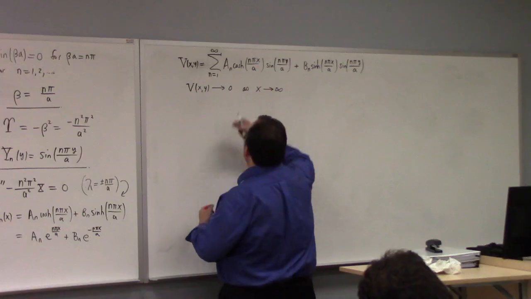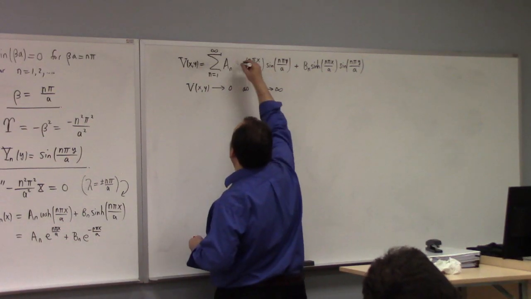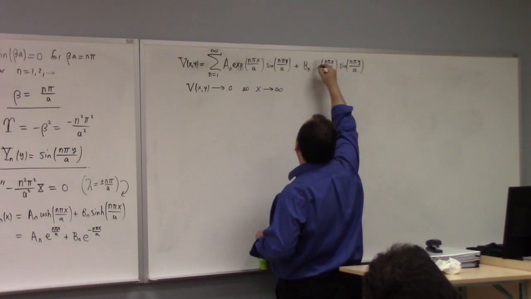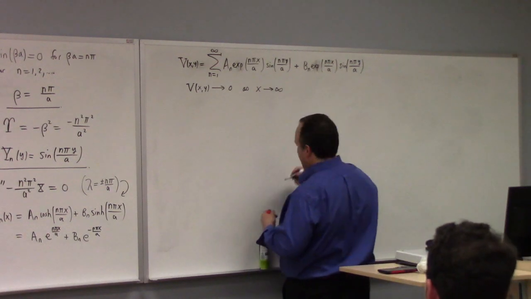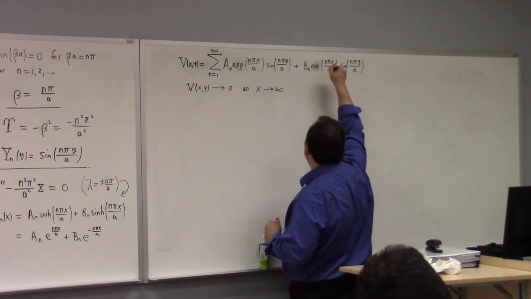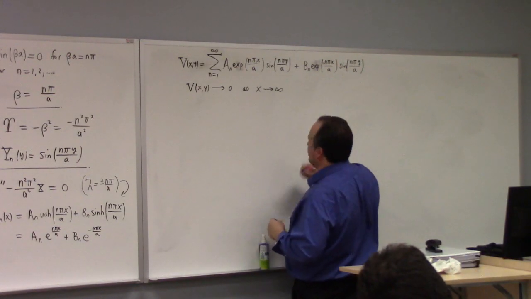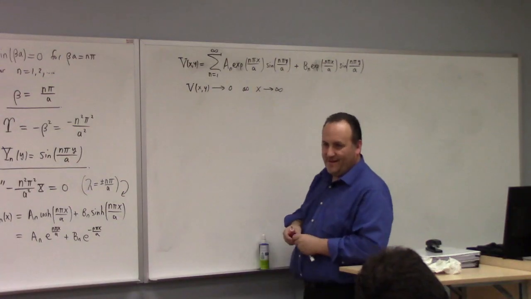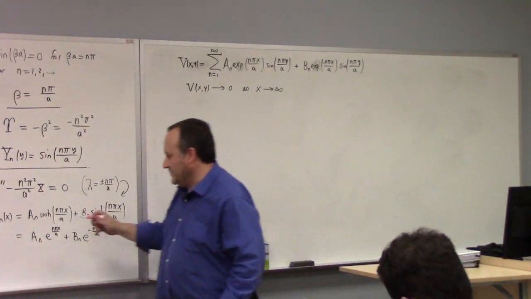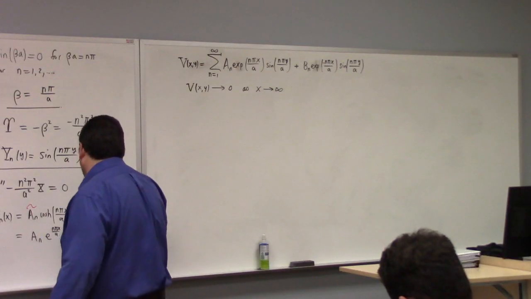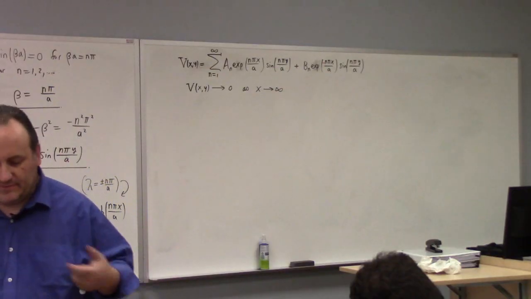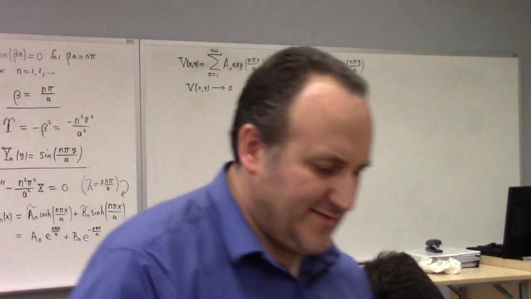Son of a gun. It's easily fixed though, check this out. Exp, minus. These are logically the same, but let me put some tildes on these, they're obviously not the same constants, right? But it is possible to rewrite the solution. Rats, man.